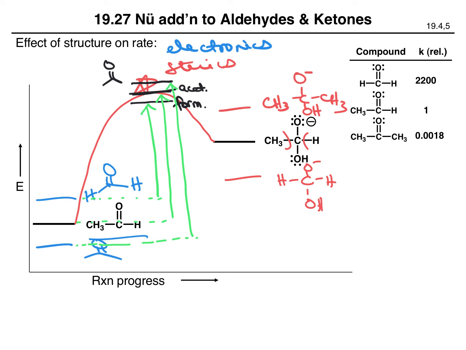Formaldehyde has the smallest activation energy, which gives us the fastest rate of the reaction, and so the largest value for K. Acetaldehyde is in the middle, medium size activation energy, and so that's why we have a rate constant of 1. And then acetone is lowest energy to begin with, but highest energy transition state because it's the highest energy intermediate. So this gives us the largest activation energy, which gives us the slowest rate of reaction.